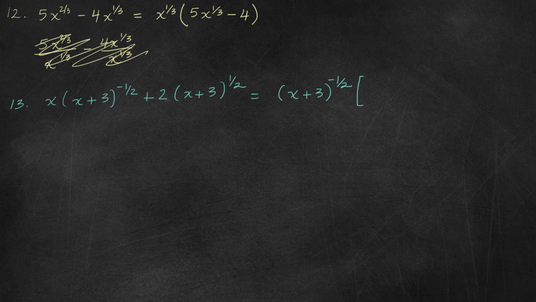So I'm dividing each term by that. The first term here, when I divide by (x plus 3) to the -1/2, I'm left with just x. And the second term, when I divide by (x plus 3) to the -1/2, I'm going to subtract my exponents. So 1/2 minus -1/2, that double negative makes it 1/2 plus 1/2, which is 1.